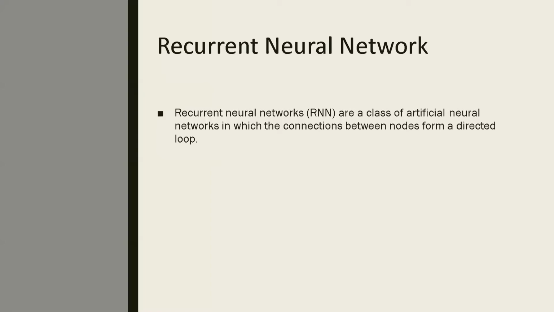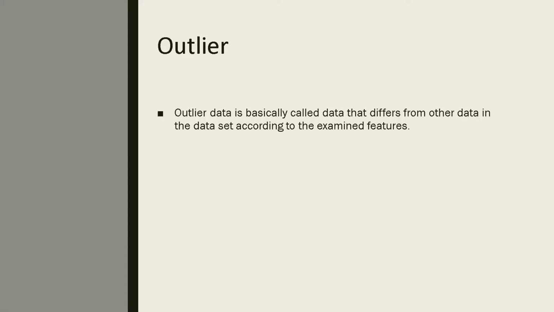The main purpose of RNN is to use sequential information. The other concept is outlier. Outlier data is basically data that differs from other data in the data set according to the examined features.